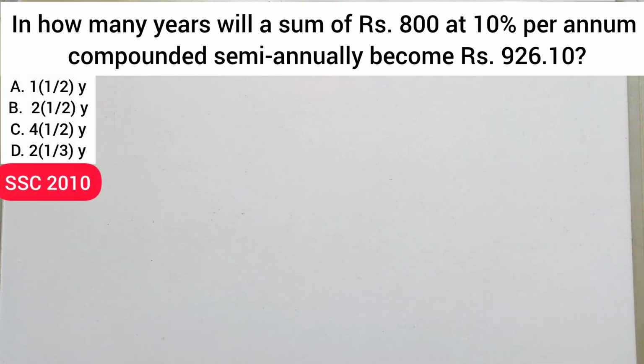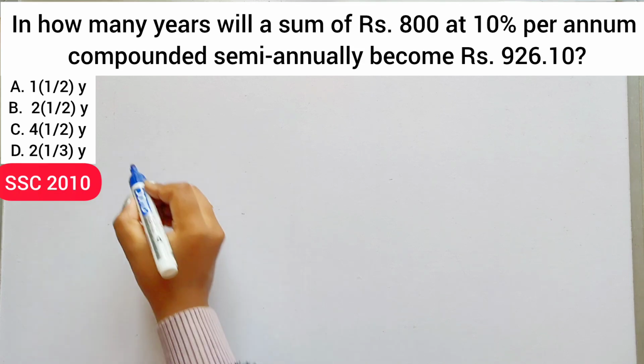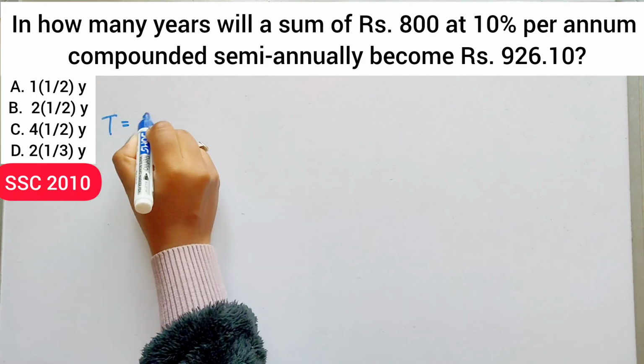The next question is, in how many years will a sum of rupees 800 at 10% per annum compounded semi-annually become rupees 926.10? This is the question from SSC 2010. Let's solve it. It asks how many years, so time is what we have to find.